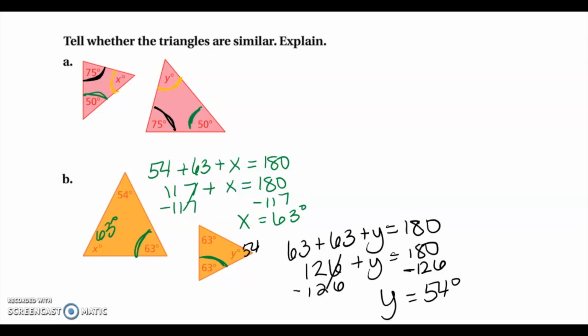So now I can continue comparing. I already matched up the first angle. I see that I have a second angle that's 54, and then I have a third angle, 63 and 63. So I could say, yes, these are similar because I can match up each of the corresponding angles.